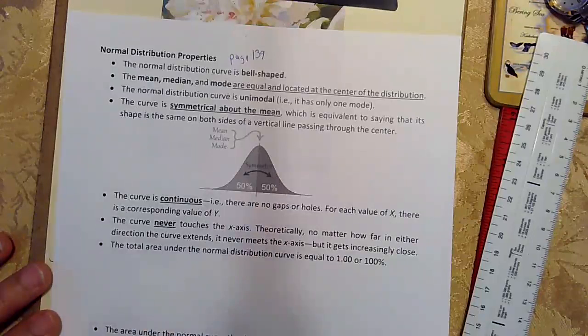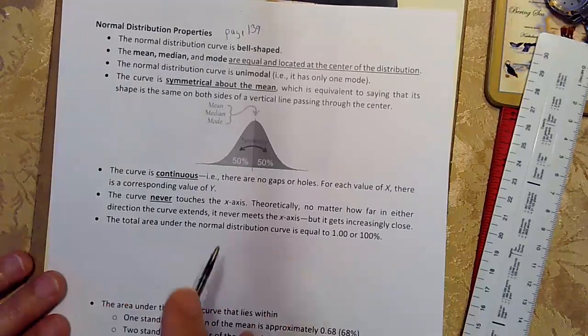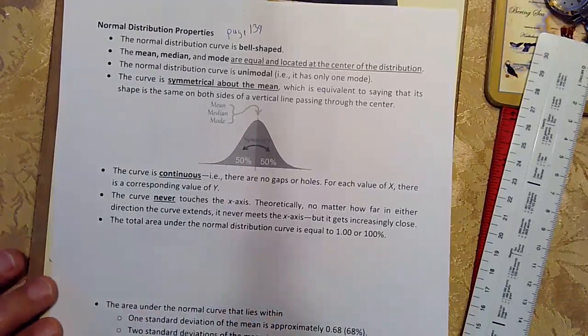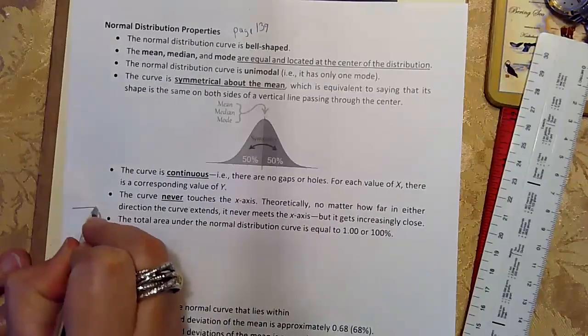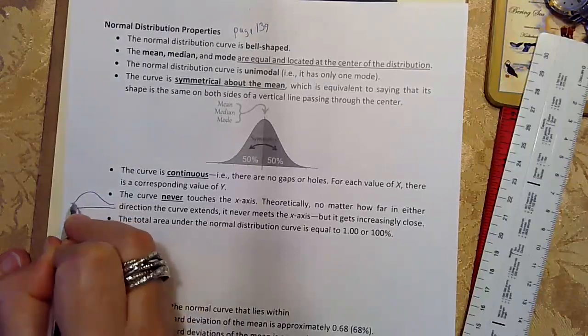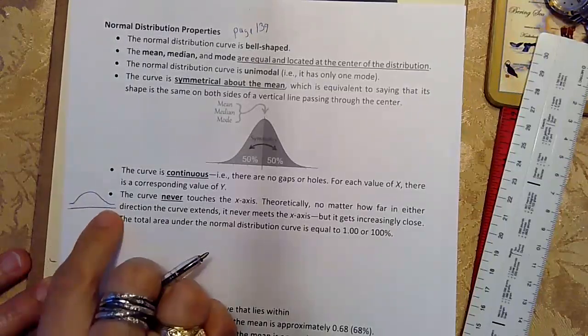And then they say the curve is continuous. For example, there are no gaps or holes. For each value of x, there is a corresponding value of y. The curve never touches the x-axis. So theoretically, no matter how far in either direction the curve extends, it never actually meets the x-axis, but it gets increasingly close. So a lot of times when we draw it, they don't want you to draw these touching.